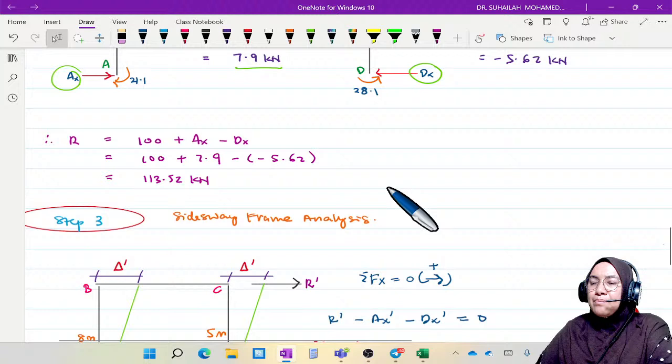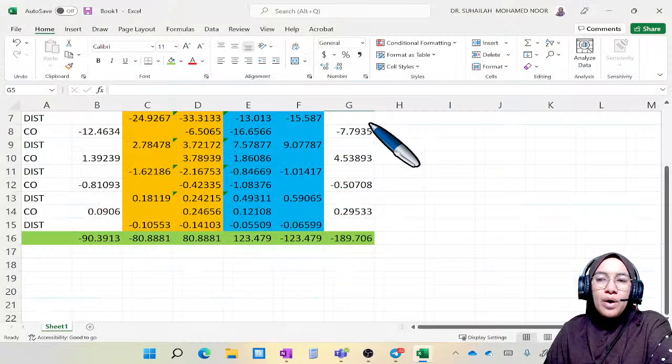From table 2, M AB prime is equal to negative 90.4 kilonewton meter, and M BA prime is equal to negative 80.9 kilonewton meter.